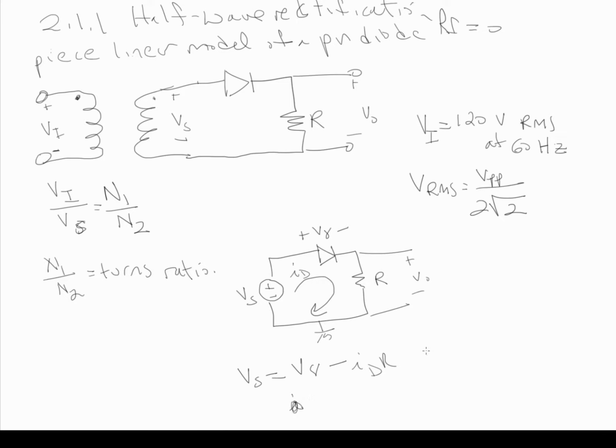Essentially V out is just going to be equal to Vs minus V gamma. I mean, that's really the whole point of it. We could have solved this for ID is equal to Vs minus V gamma divided by R, and then plugged it back in and got V out. But from inspection, you can tell that V out is going to be equal to Vs minus V gamma.